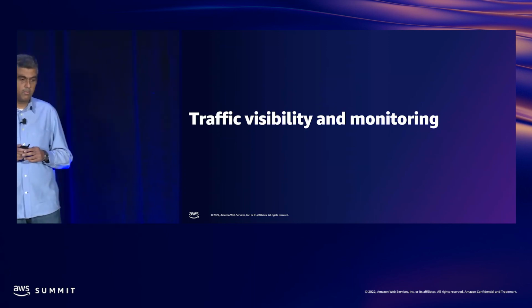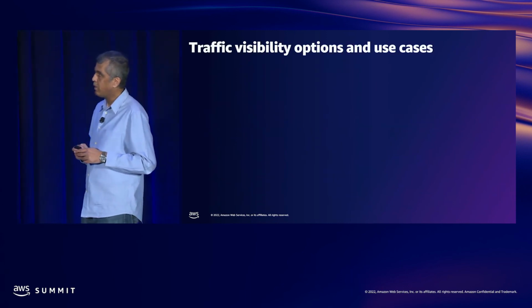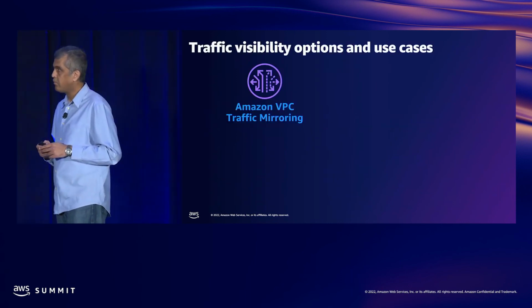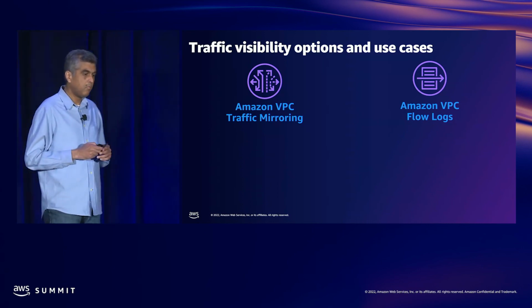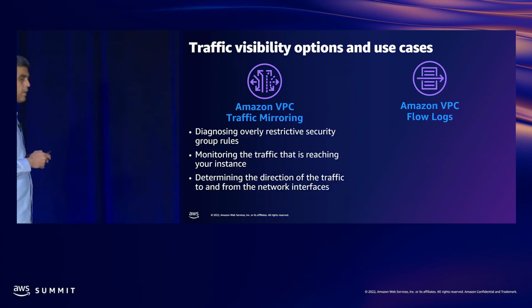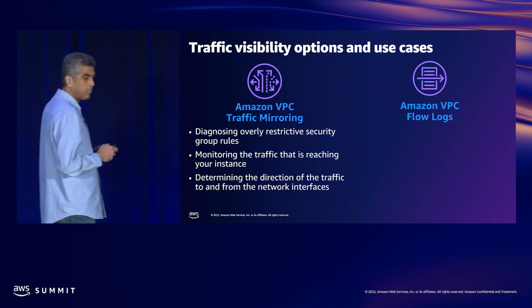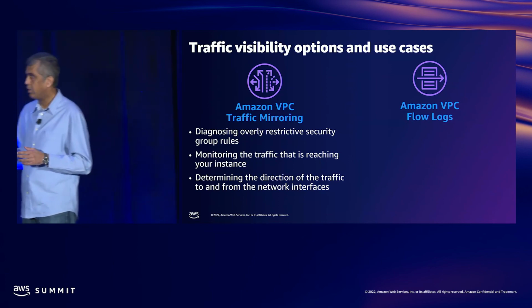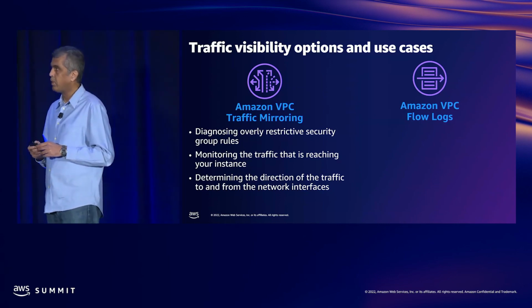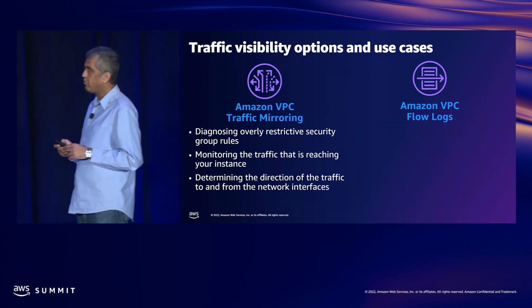Let's quickly take a look at traffic visibility options and use cases. The two common ones are VPC traffic mirroring and flow logs. Traffic mirroring is basically doing packet capture within your VPC. You're actually capturing the actual payload of the traffic. VPC flow logs, on the other hand, only capture metadata.